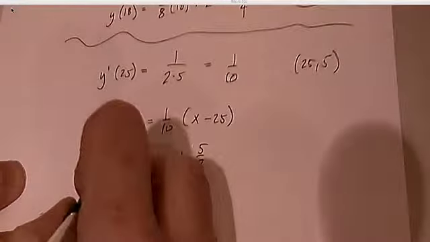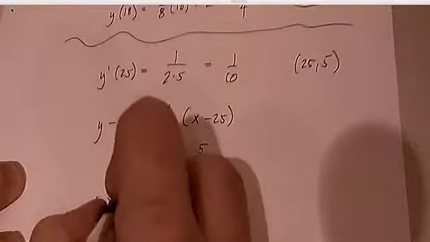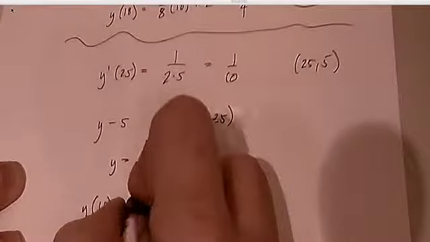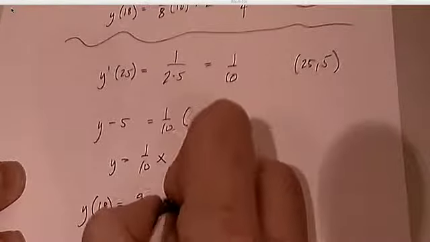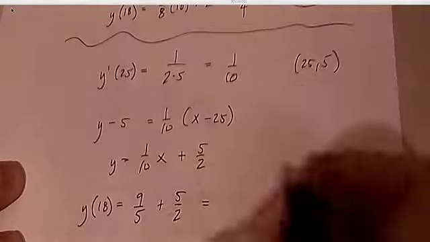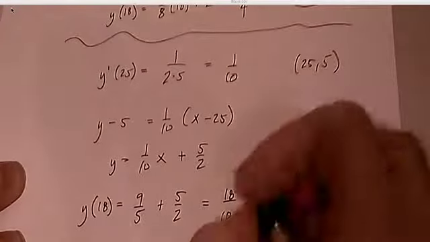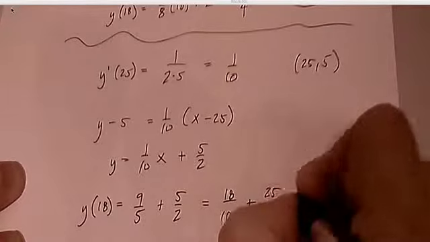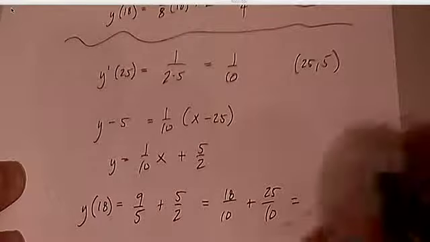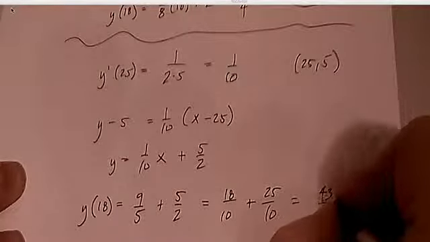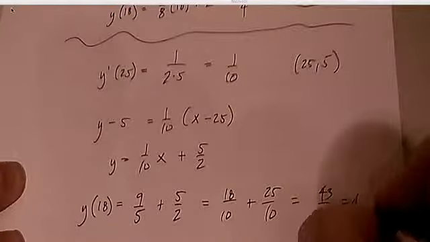Okay, well let's evaluate this one at 18, and I'm going to get 9/5 plus 5 halves. Well, let's go ahead and turn that back into 18/10, and let's turn this into 25/10, and that's going to wind up being 43/10 or 4.3.